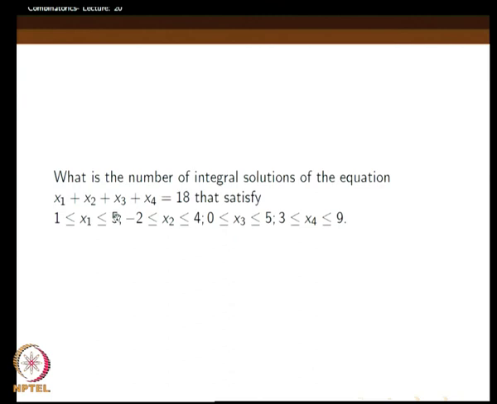Also, here we are saying minus 2 less than or equal to x2 less than or equal to 4. Up to now we were always saying 0 less than or equal to x2 less than or equal to something, but here we are allowing negative values. The third variable has the usual range, 0 less than or equal to x3 less than or equal to 5, with an upper bound introduced. Similarly, the fourth one has an upper and lower bound, where the lower bound is not 0. So, how will you manage?